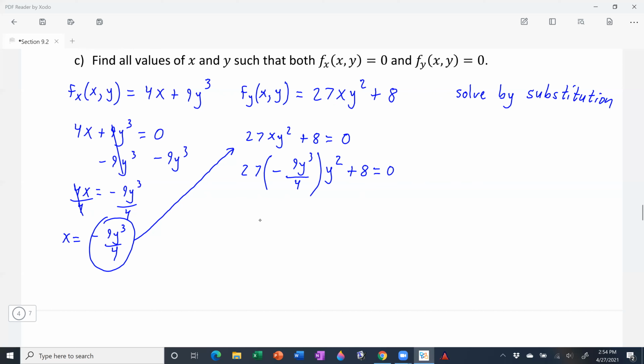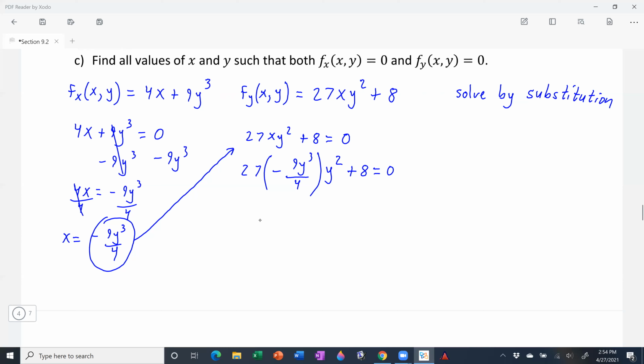So we're just doing a substitution. Now in this equation, the only variable is y, so we can go ahead and multiply this all out, and it looks like we can solve for y. It's going to be y to the 5th power, but then there's a lot of other constants involved, so it looks like we might be able to isolate the y to the 5th power, and then take the 5th root of both sides. Okay, so just trying to think about that a little bit in advance.